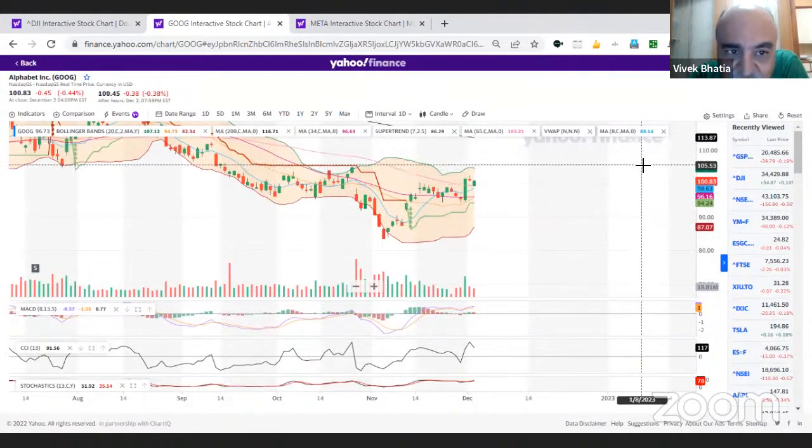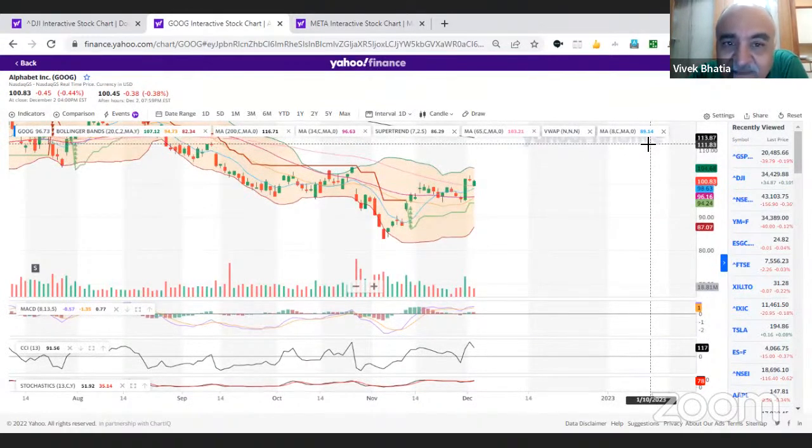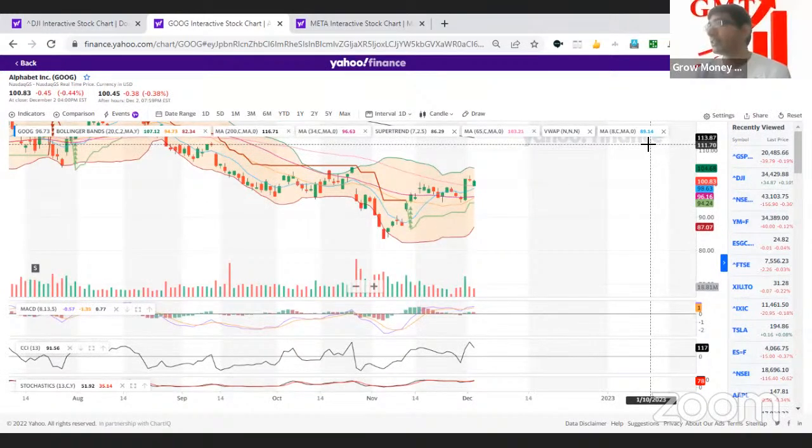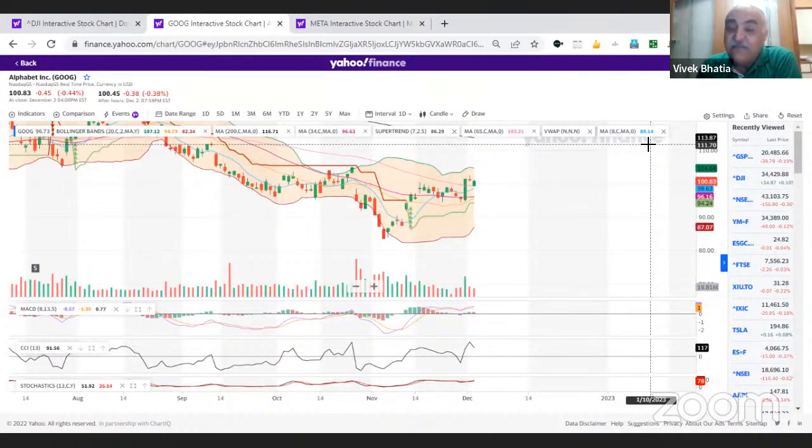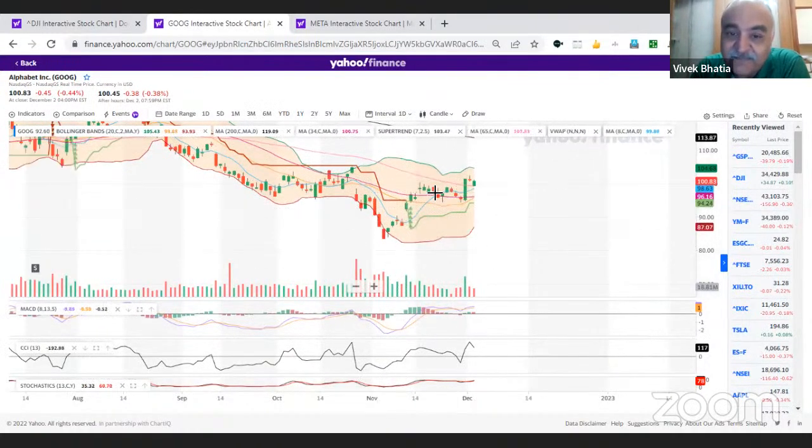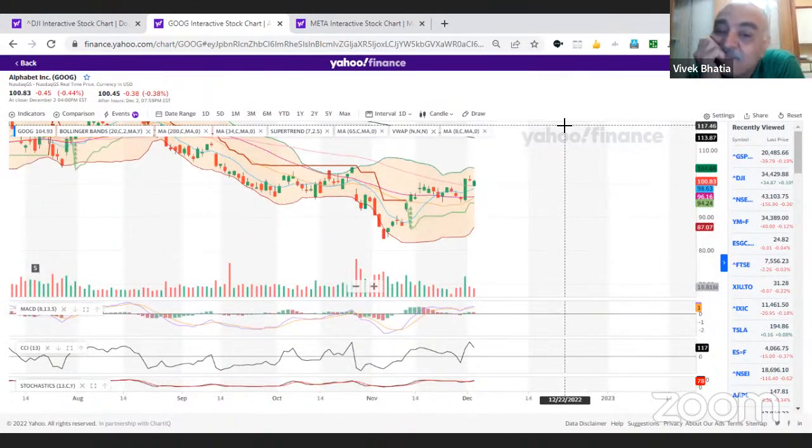So I'm not even looking at 105, I'm looking at 110 and 116 as a second target. Yes, sir. 110 and 118 are 38% and 50% on fib levels. There you go. And I haven't touched Fibonacci levels on this at all. I've just seen my super trend and my moving averages, and then I've calculated my targets.